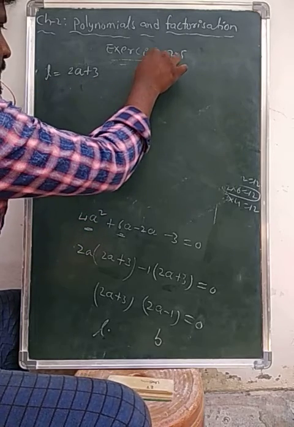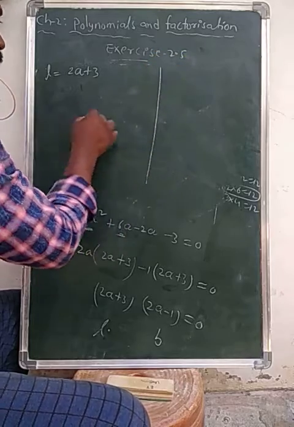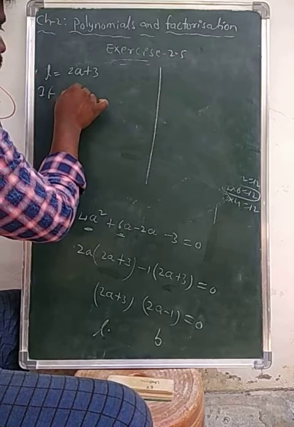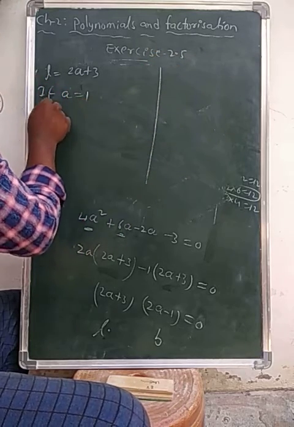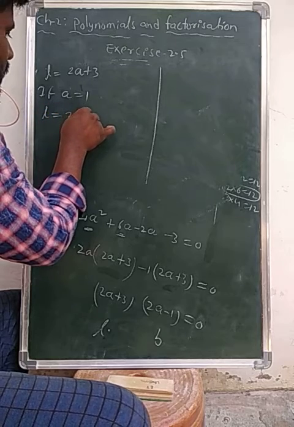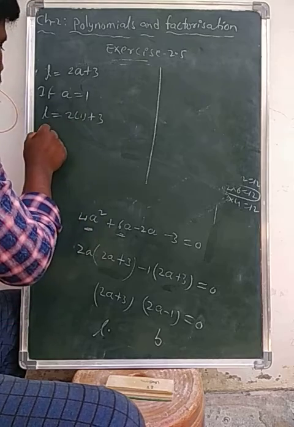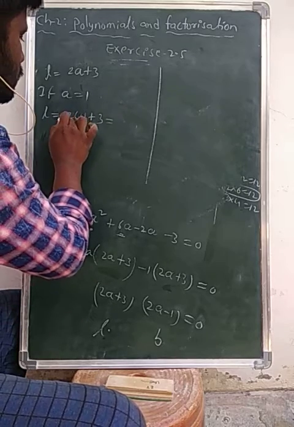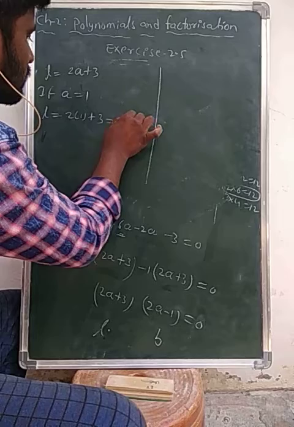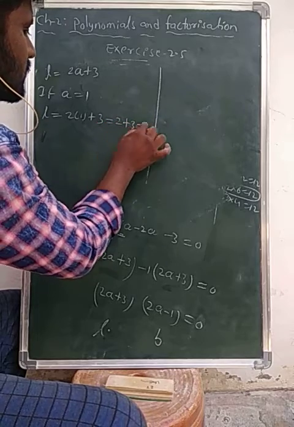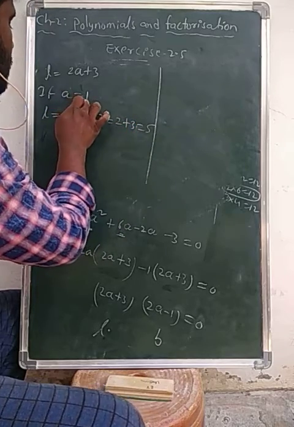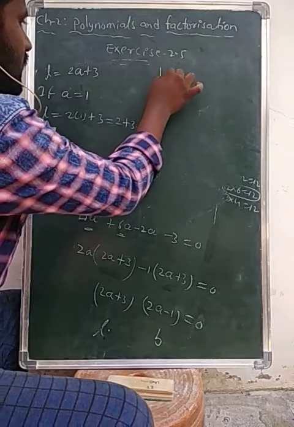If a is equal to 1, length is equal to 2 of 1 plus 3, that is 2 plus 3, which is 5.